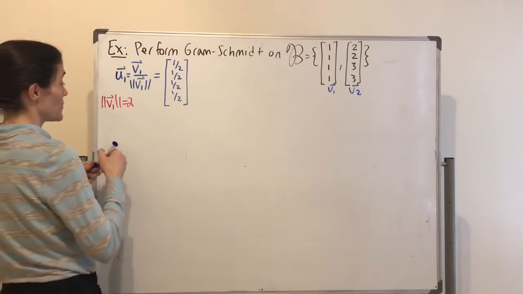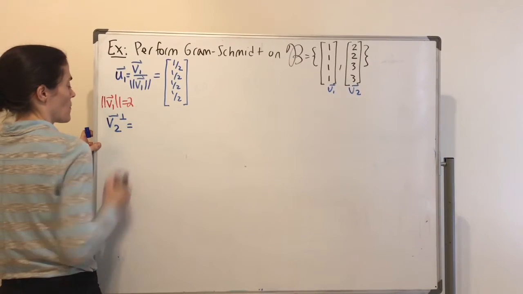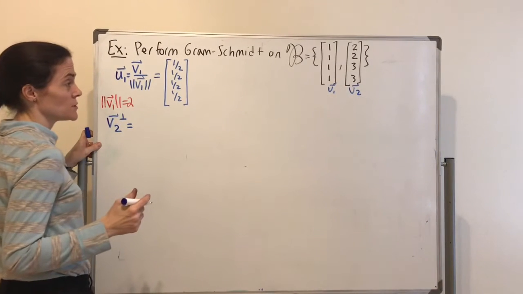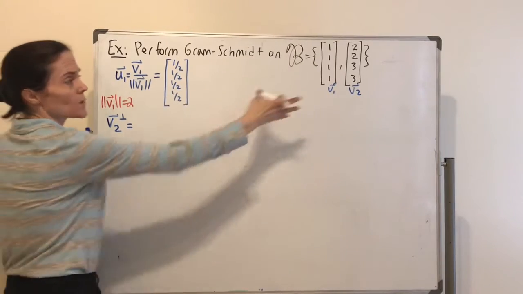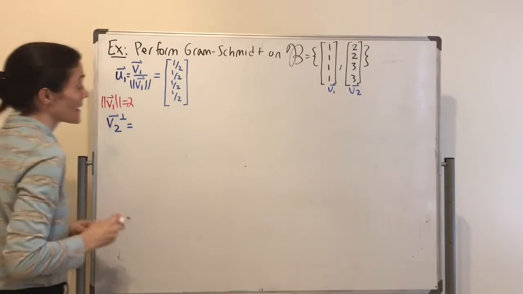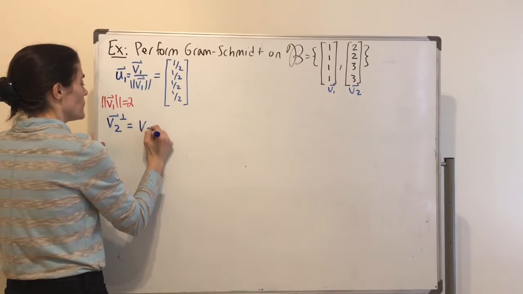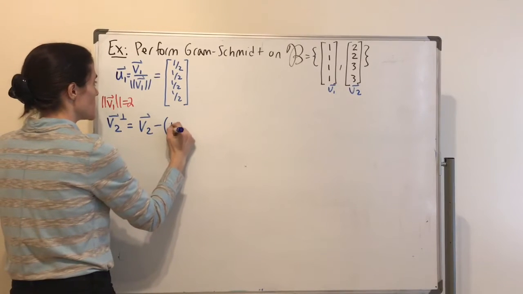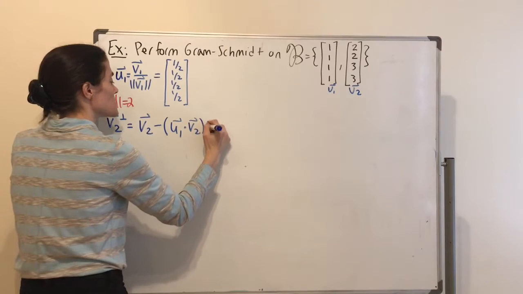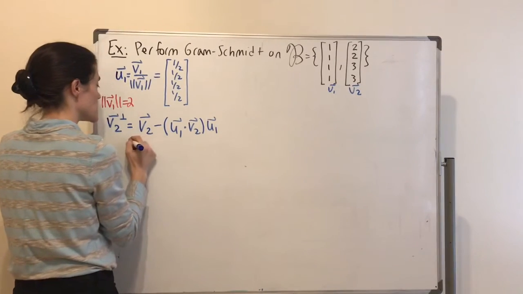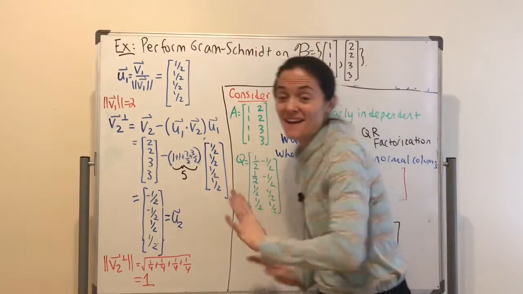Well, now we need to compute the component of V2 that is orthogonal to the span of U1, or the span of V1, it's the same line. This was V2 minus U1 dot V2 times U1. Don't look at this stuff yet.